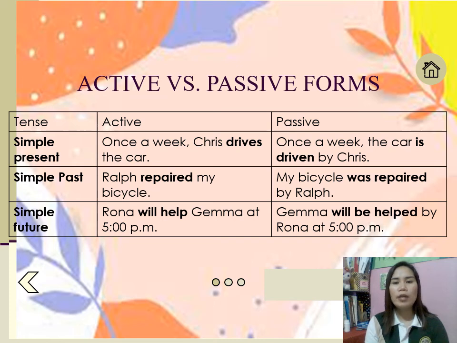Was repaired is the passive form. Next, simple future. Rona will help Gemma at 5 p.m. In passive, will help will become will be helped. So Gemma will be helped by Rona at 5 p.m. Again, you have to recognize your verb and apply subject-verb agreement.